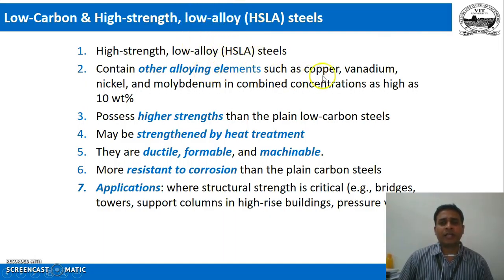You can use different alloying elements to achieve different levels of strength, but these alloying contents will be less, not very high. Since you are adding these alloys, it will drastically improve the hardness and strength of these particular steels.